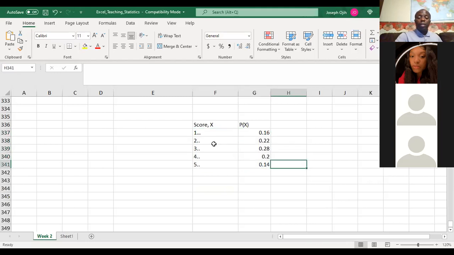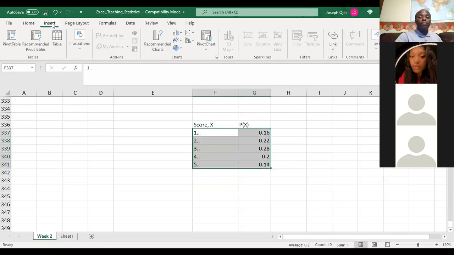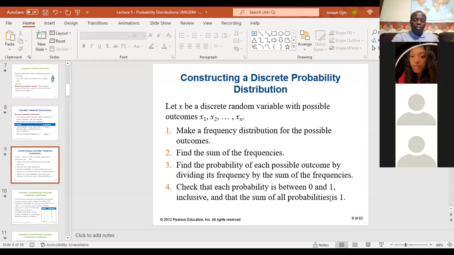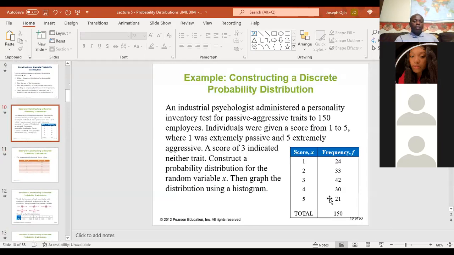Okay. Now let's use it to draw the histogram for that. We can use this. And remember, this question is about the survey responses for passive aggressive threats.